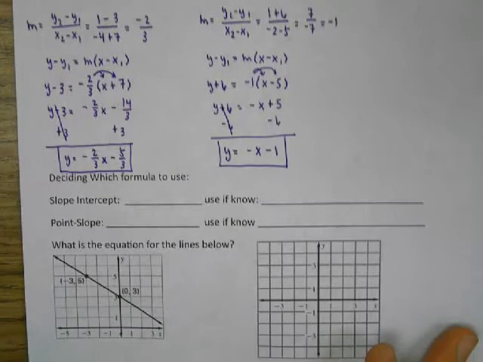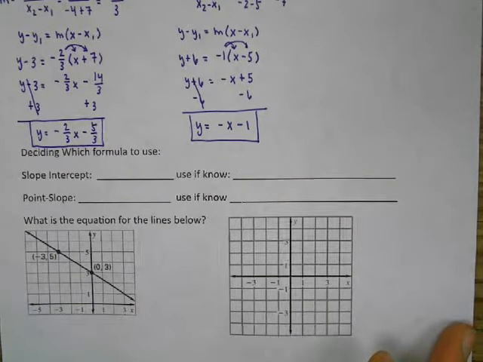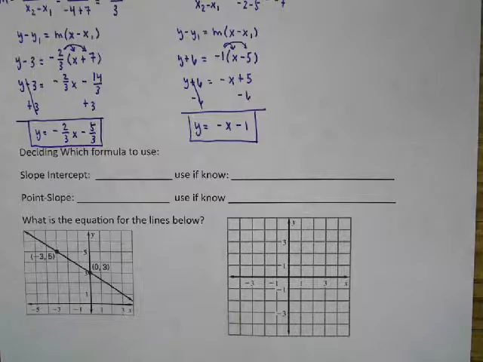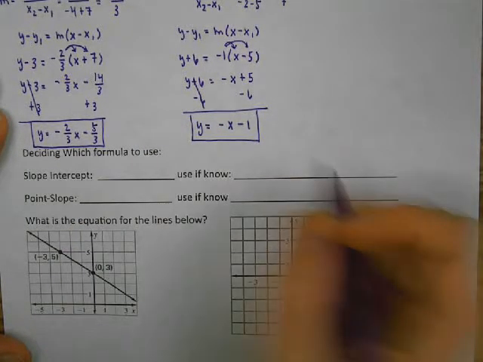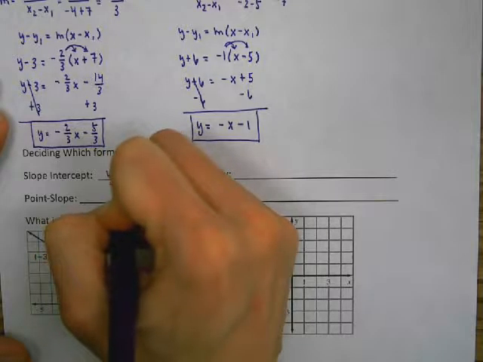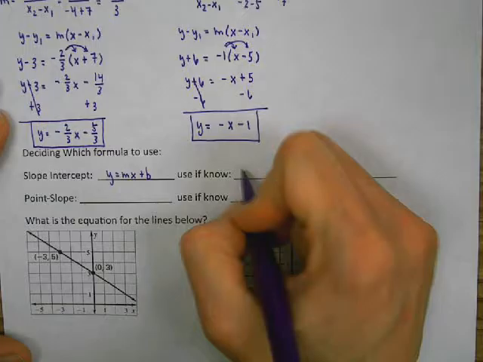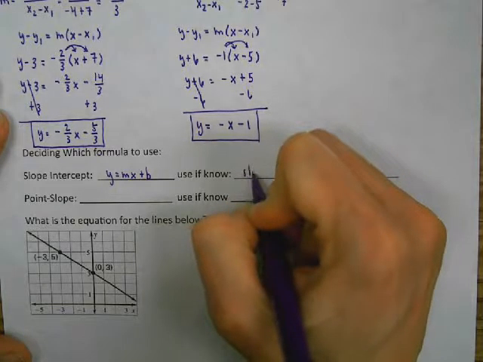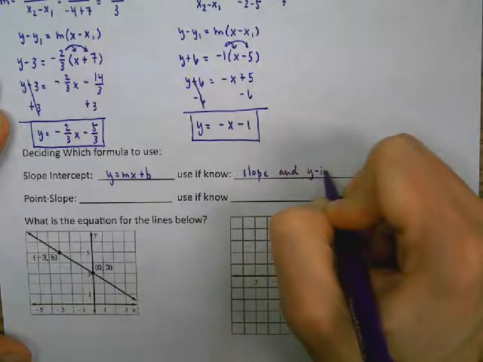Okay, so the last piece here is some prompts on deciding which formula you should use. I guess this is a little bit of a review. We use slope-intercept form, which is y equals mx plus b, if we know the slope and the y-intercept.